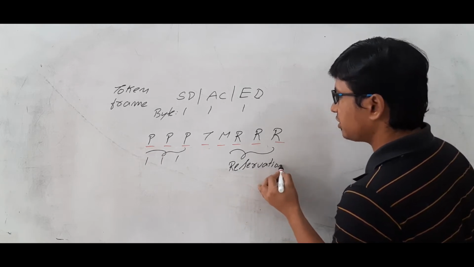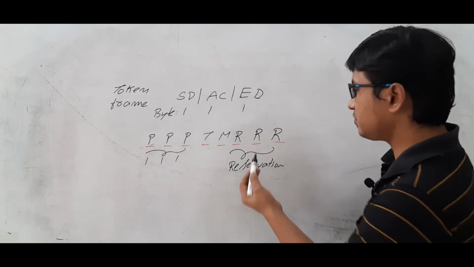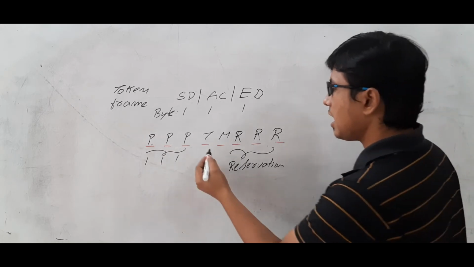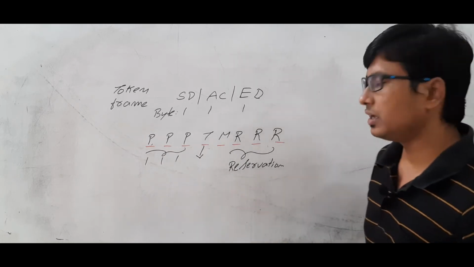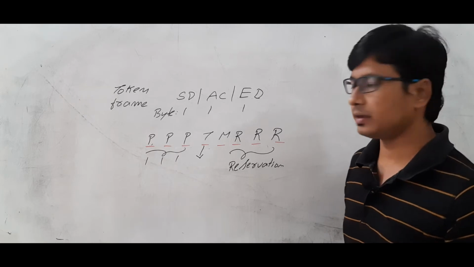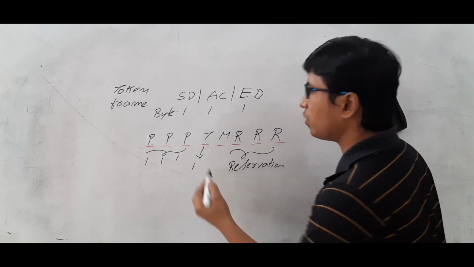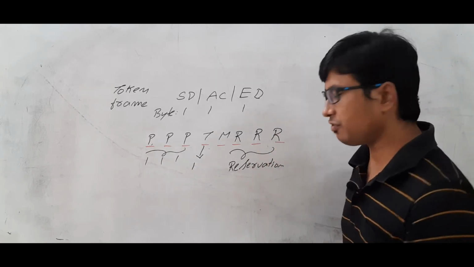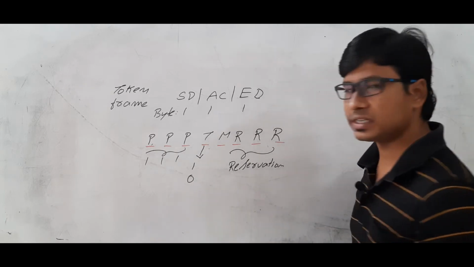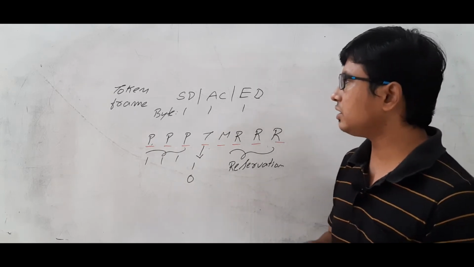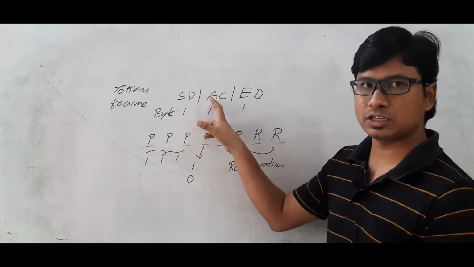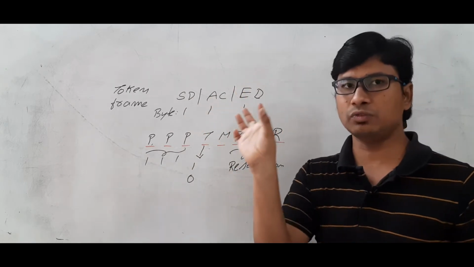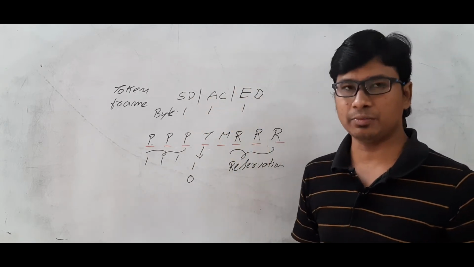This is for the priority, this is for the reservation, and this is the token bit. If it is a token, then this T will be 1. If it is a data frame, it will be 0. The start delimiter and access control, even the end delimiter, will be there in the data frame also.